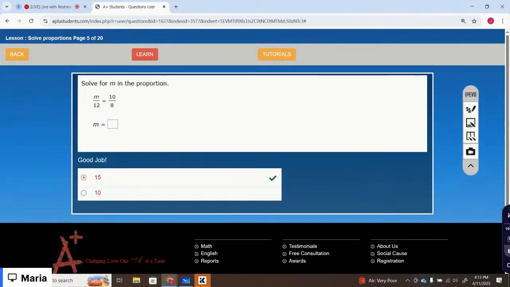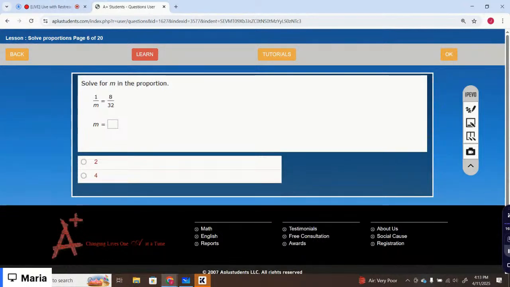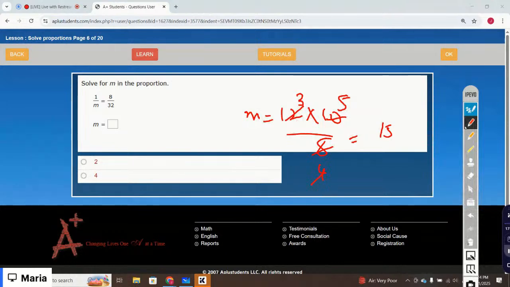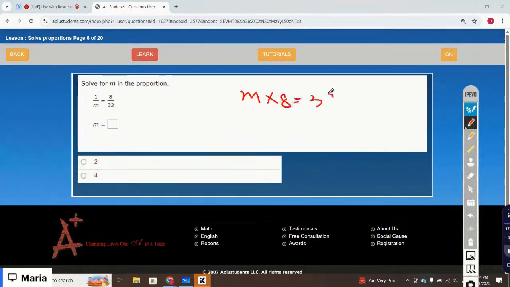You have to solve them. Do not guess the answers. Solve for M. So just solve for M, that is M times 8 equals 32 times 1.